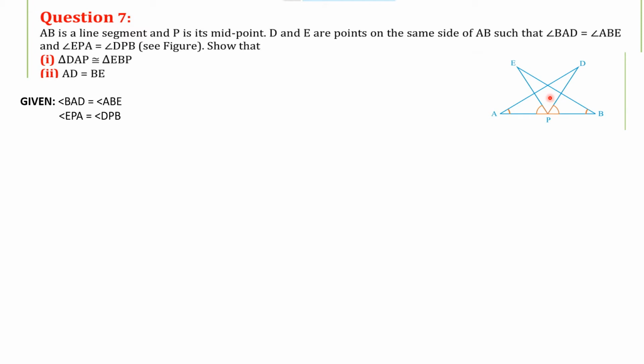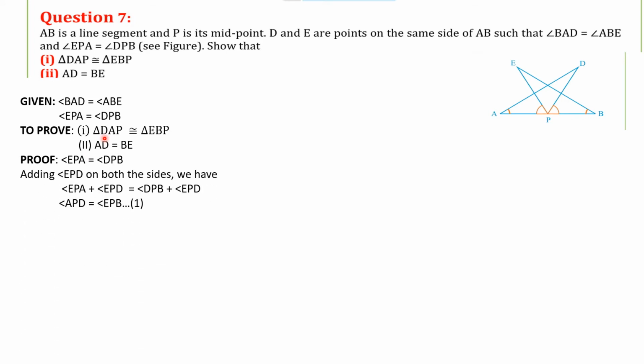So let us see the theoretical part over here. First write the given parts, two parts equal given over here, and now to prove. Now you have to take this angle EPA is equal to DPB, and adding EPD on both the sides, we have angle APD is equal to angle EPB.